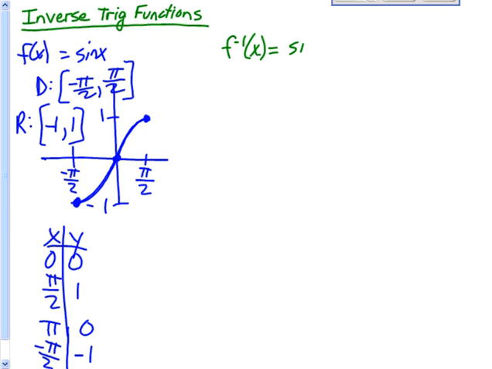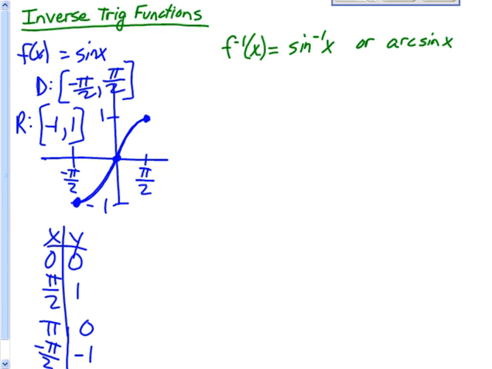Let's call it the arc sine, A-R-C, arc sine, or the arc sine of x. That's the inverse of the sine.